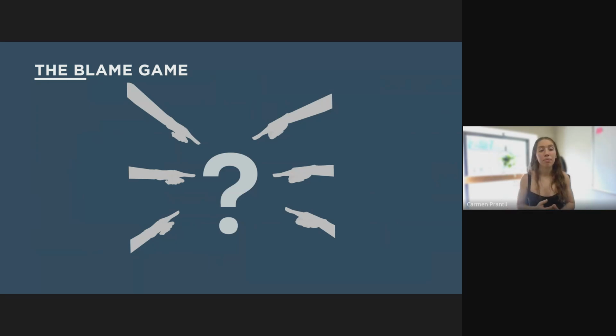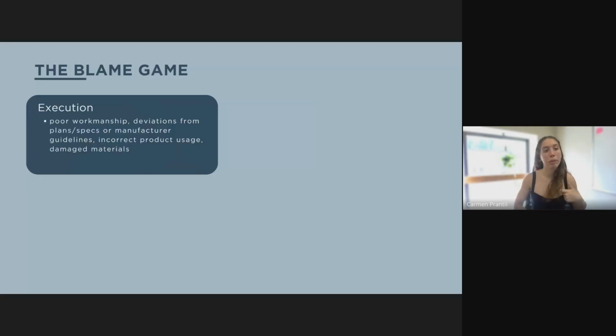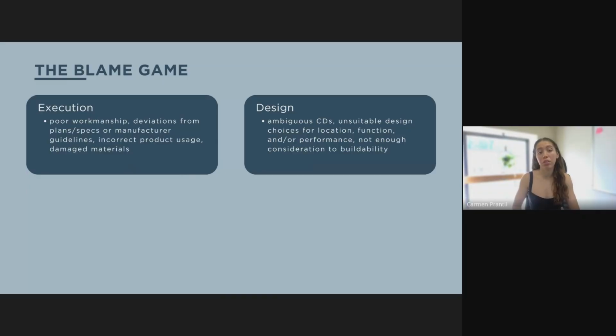So people will blame execution. So that's going to be poor workmanship, deviations from the plans or specs. I put it perfect on paper, and when the contractor looked at it, he just built it on incorrect product usage, damaged materials, things like that. We'll also point to design. So saying that the construction documents were ambiguous, saying that the design was unsuitable for one reason or another. It didn't meet the location, function, or performance requirements of what it was intended to be.